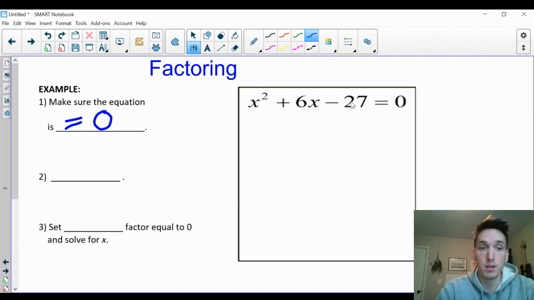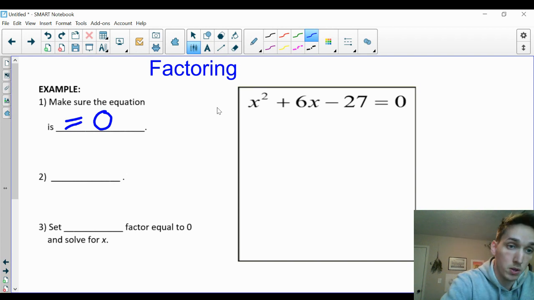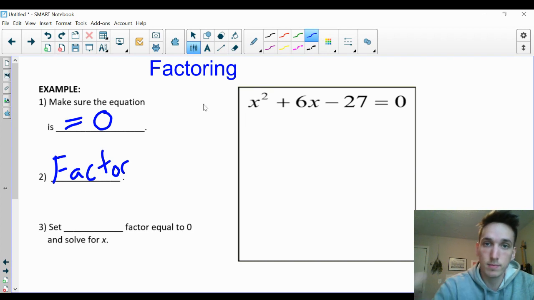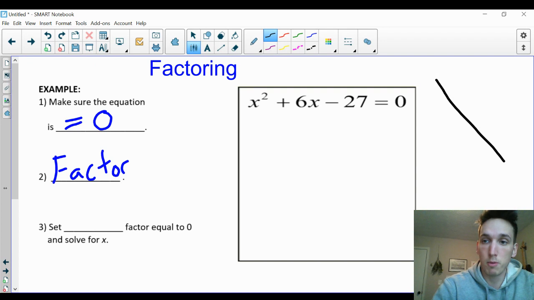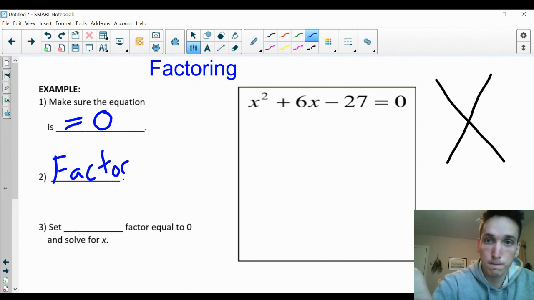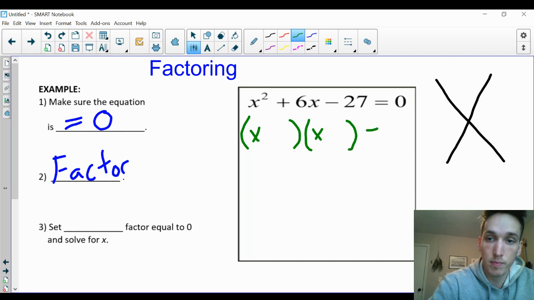So the next step, after we've made sure our equation is equal to 0, is we're going to factor this expression on the left-hand side. And if you remember, now that I know I've got a standard form quadratic where a is 1, I know it's going to factor into x and something times x and something.